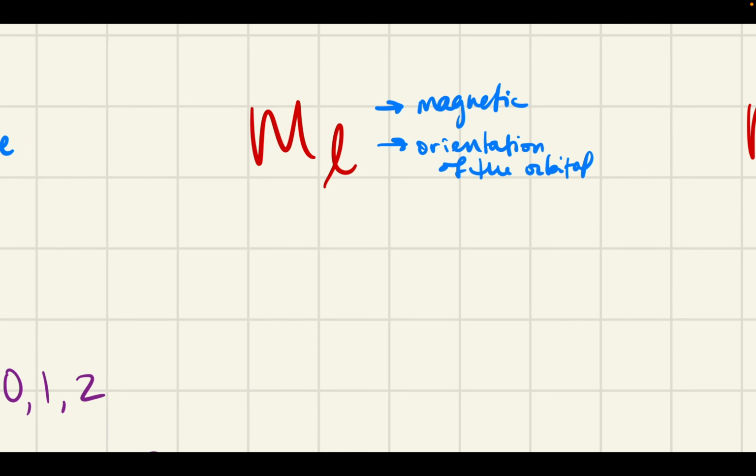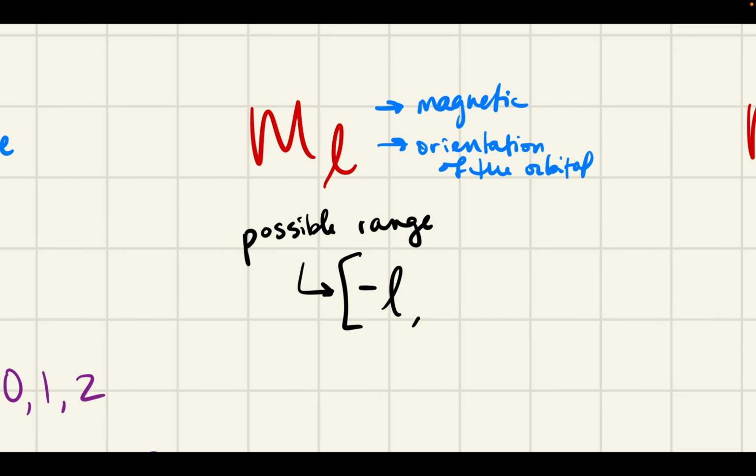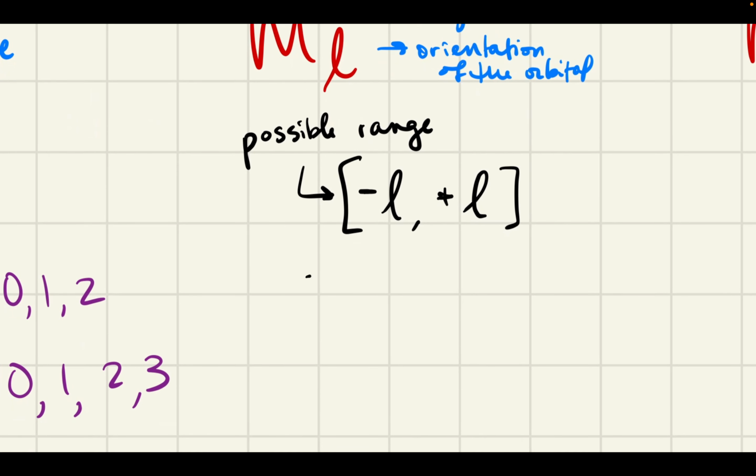And importantly, that tells us how many orbitals there are. For example, number rule. M sub L, the possible range, is from negative L to positive L. Example, if L equaled 1, M sub L could equal negative 1, 0, or positive 1.